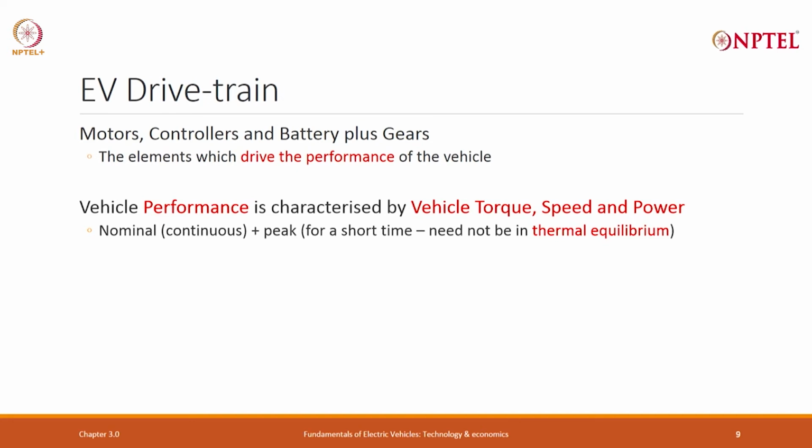Why are you using continuous and peak? Peak is for a short time, 10 seconds, 20 seconds, and the primary difference between peak and continuous is the thermal design. For example, a motor may have a certain power in a continuous manner. For a short time you can go to higher power, but then heat dissipation may be more, so the temperature will start rising.